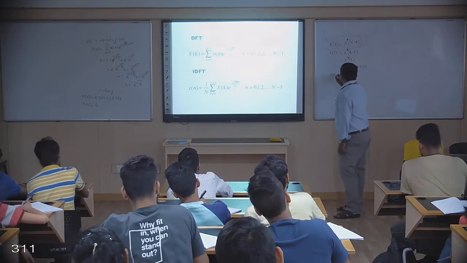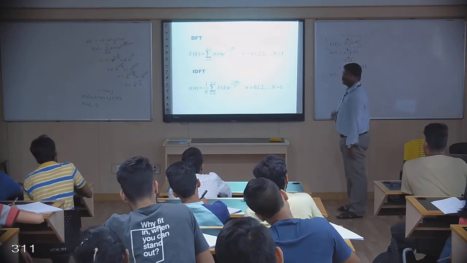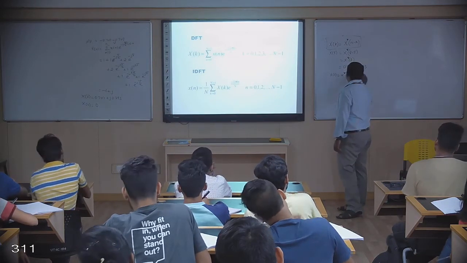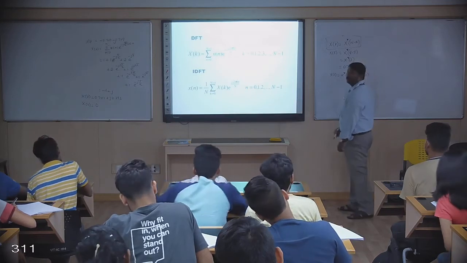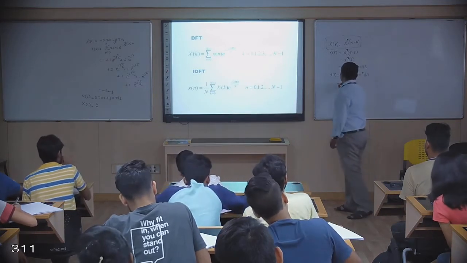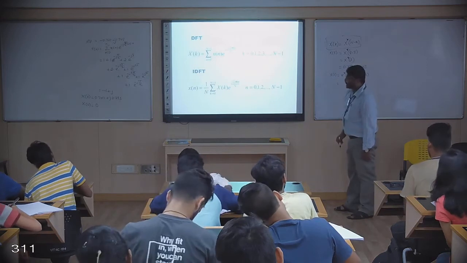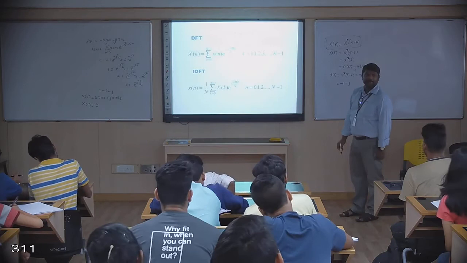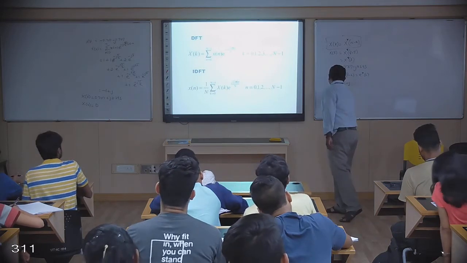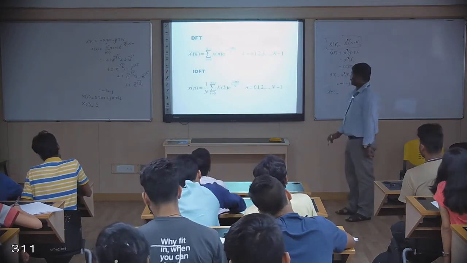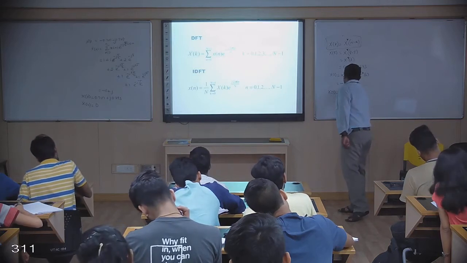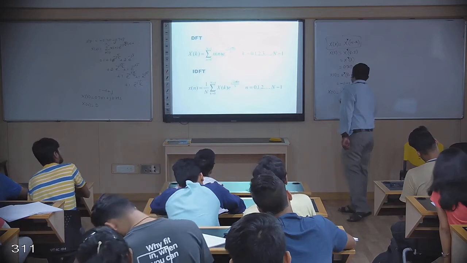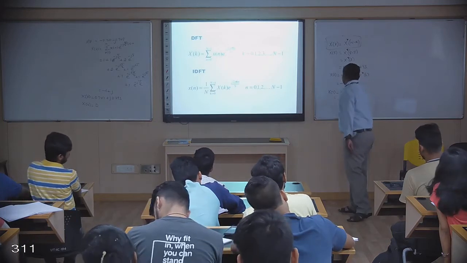Now x of 6 will be x conjugate of 8 minus 6, that is x conjugate of 2. So x of 2 is minus 1 plus j. So conjugate will be minus 1 minus j. And x of 7 is x conjugate of 8 minus 7, that is x conjugate of 1.